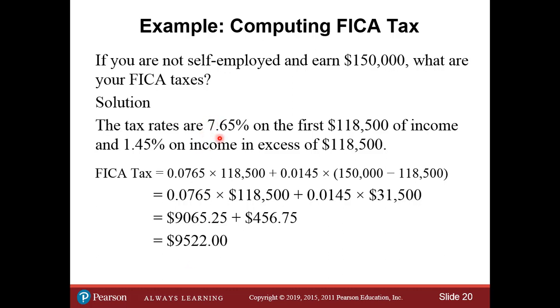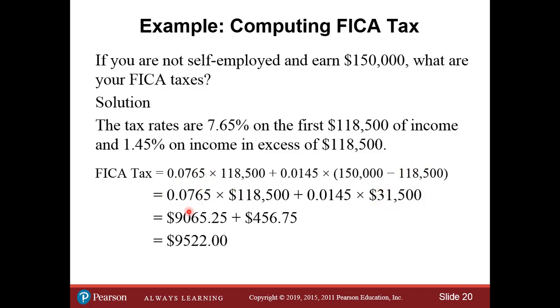So it'll be 7.65% of this amount, plus 1.45% of whatever is over that amount, which is $31,500.